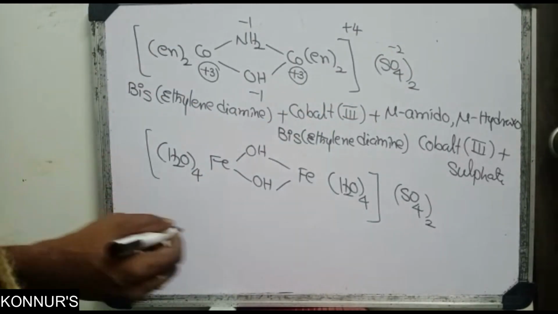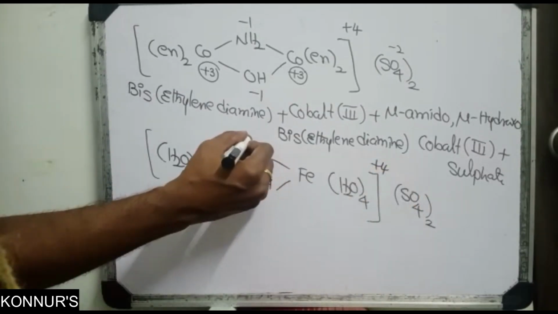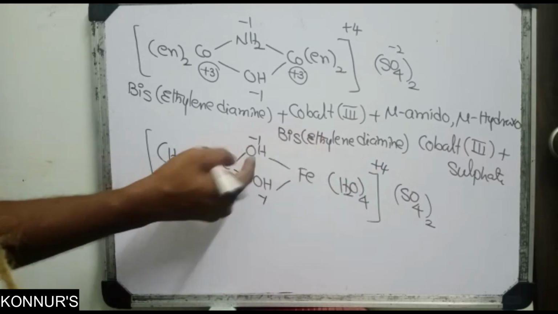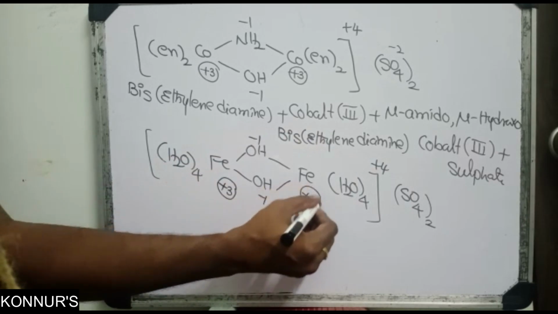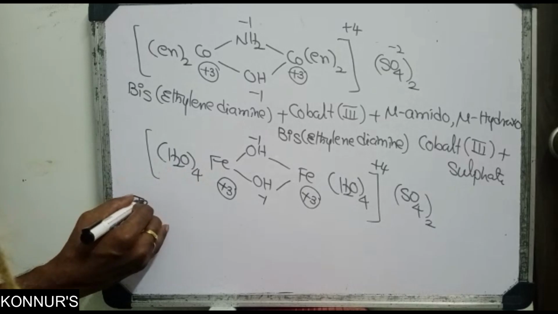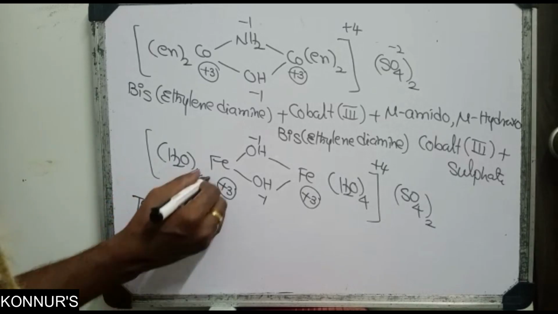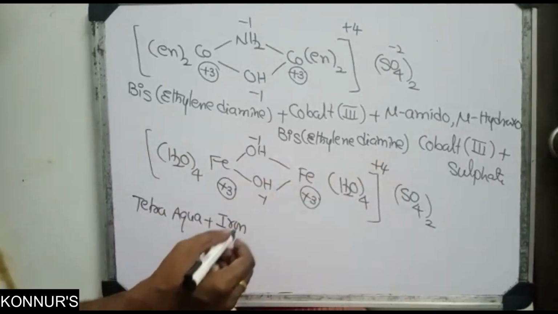So here also, sulfates are 2, so that is why it is 4. Because of minus 1, total is what? 6 positives. So here also 3. Here also 3. So now one by one you can explain. So this is what? Tetraaqua iron, because the complex contains positive only.